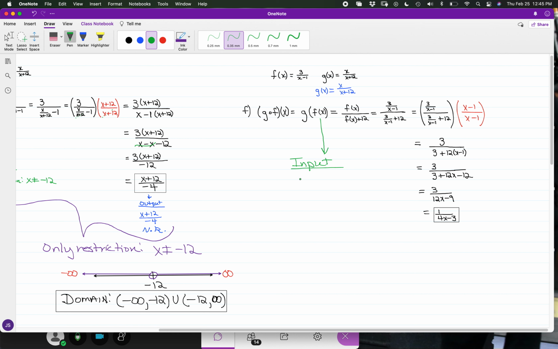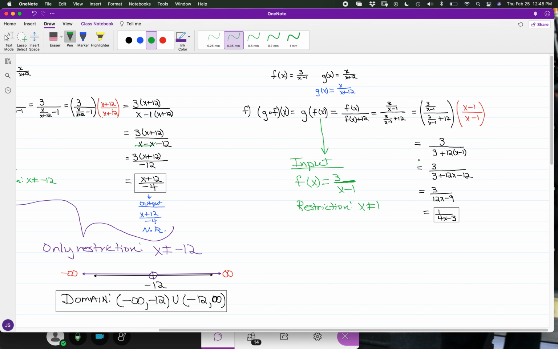And again, we have f of x equal to 3 over x minus 1. So the input restriction is that x cannot be equal to 1.